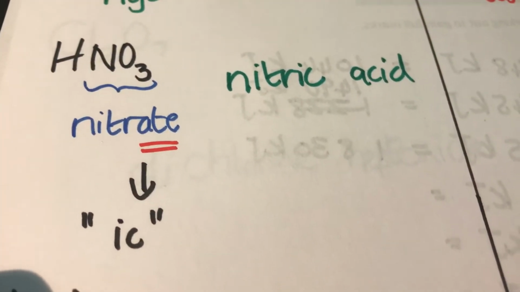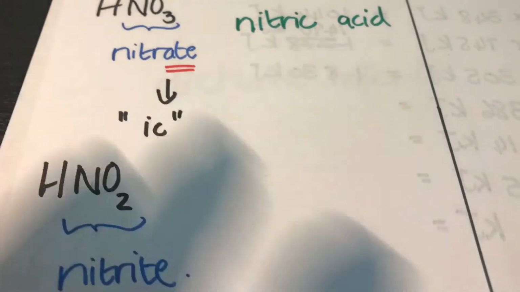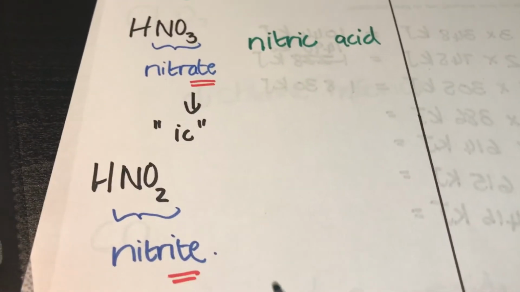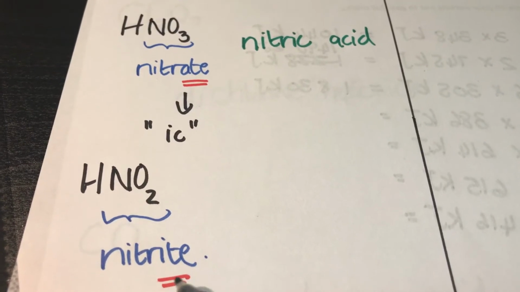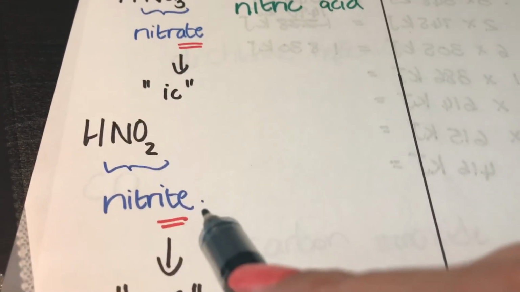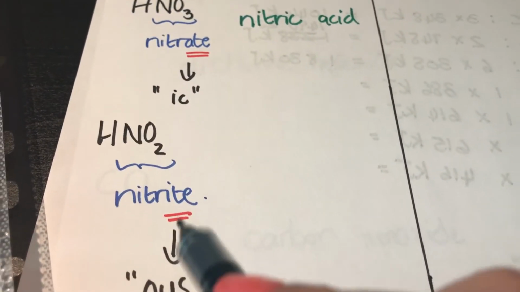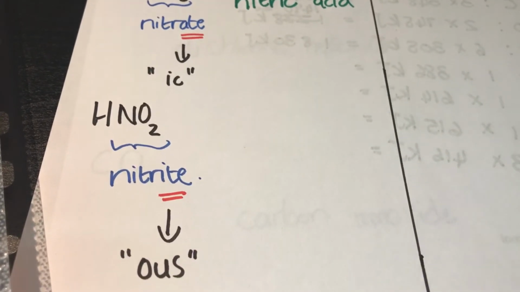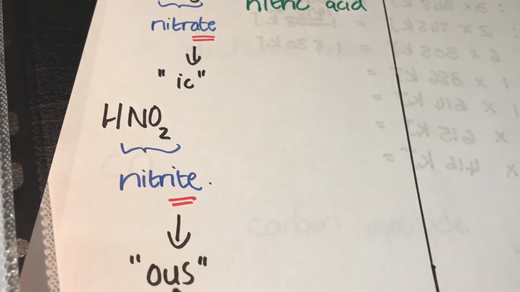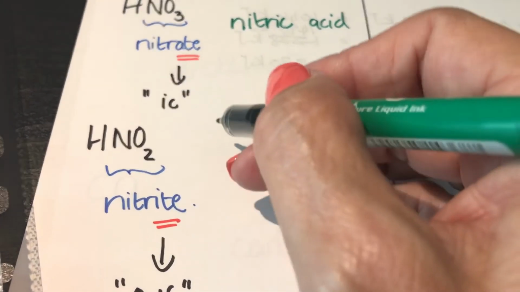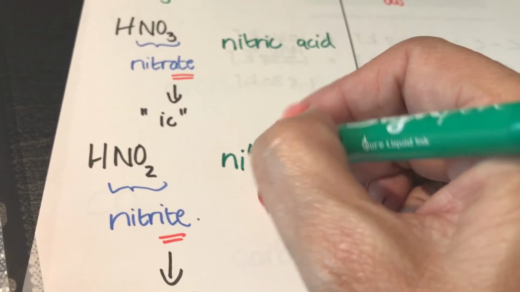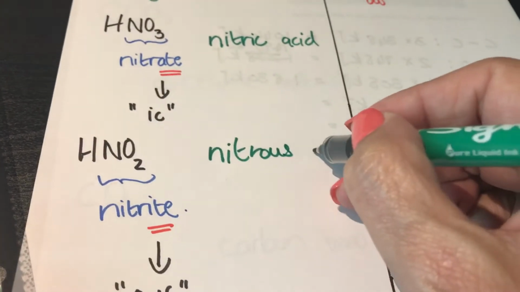That's it. If I have HNO2, NO2 is nitrite. When the suffix is an ITE, then I change the name nitrite and I use a new suffix. Instead of ITE, I replace it with OUS. So this will be nitrous acid.